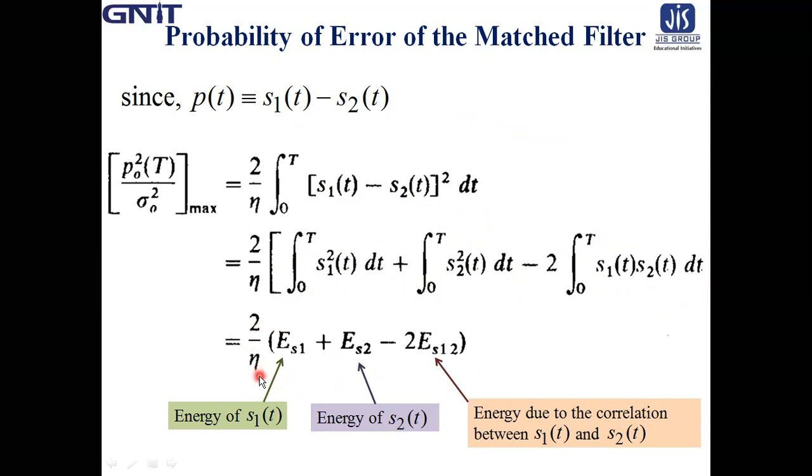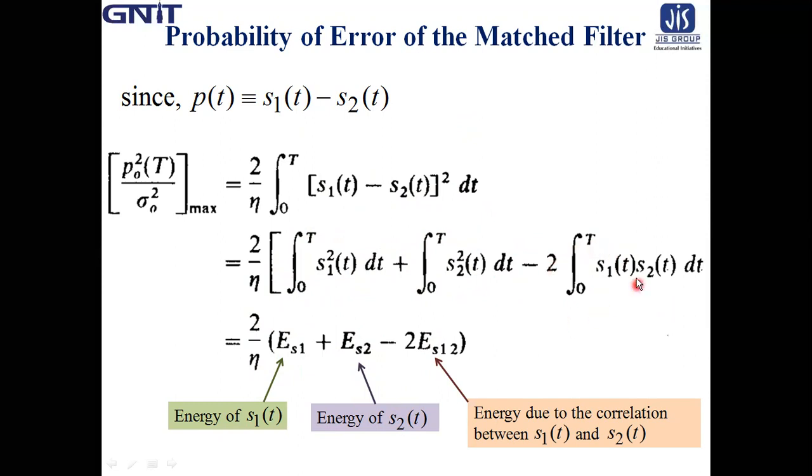So 2 by eta, what is the first term? It actually is the energy of signal s1(t). This term represents energy, which is E_S1, energy of s1(t). Second term also represents the energy of s2(t), which is denoted as E_S2.